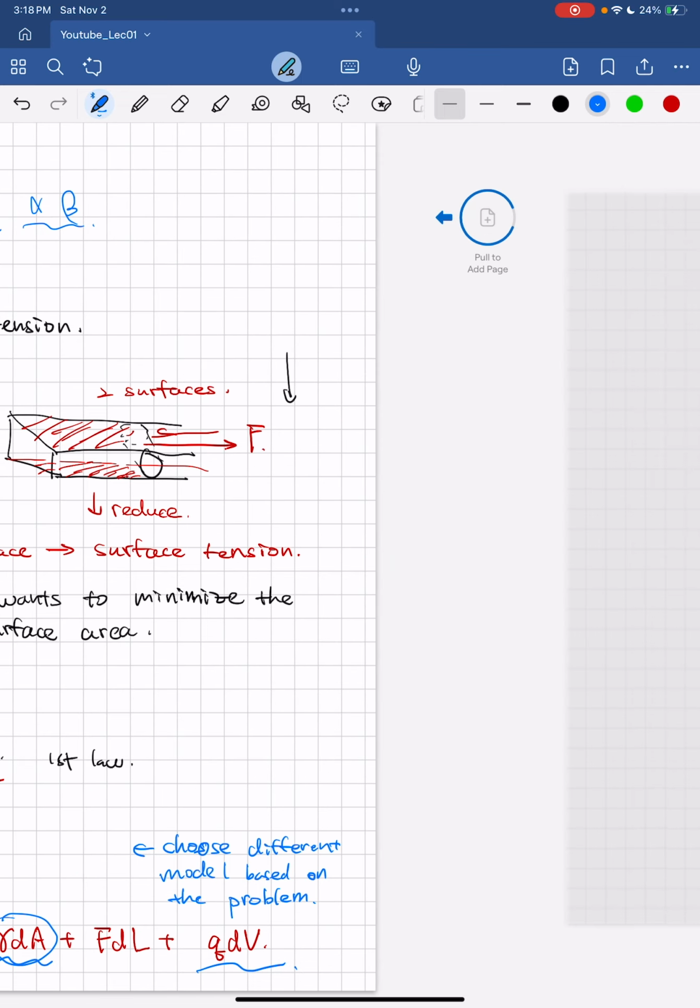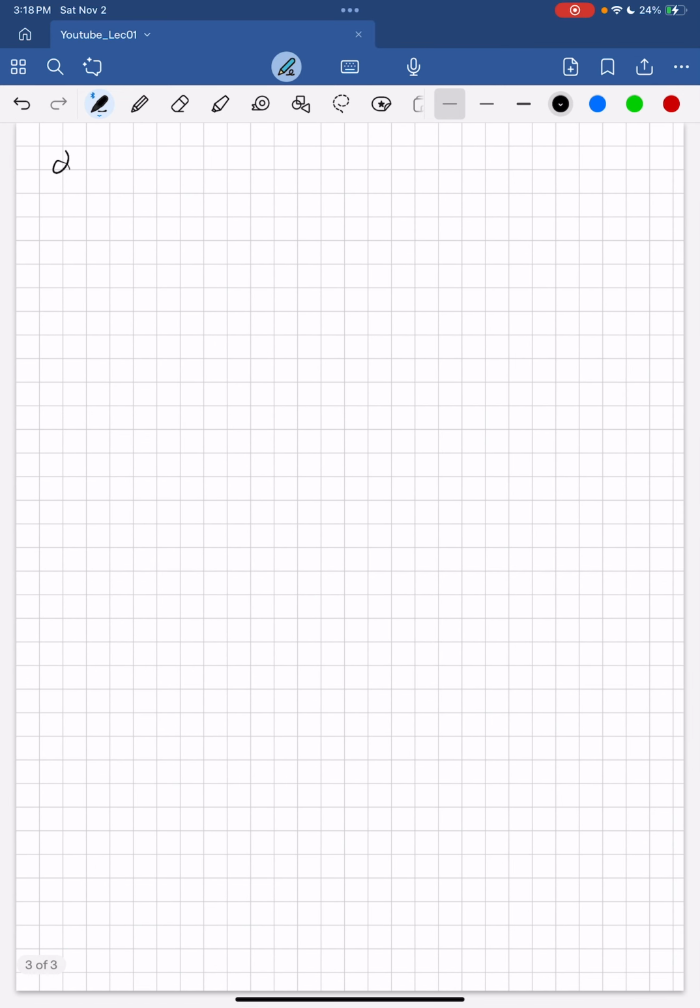So we can rewrite the first law, which will become dU equals TdS minus PdV plus gamma dA. And dG will become minus SdT plus VdP plus gamma dA. How?